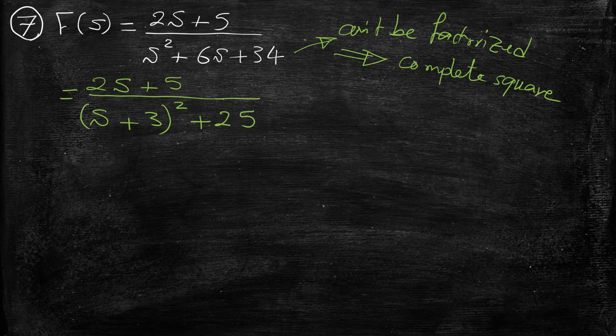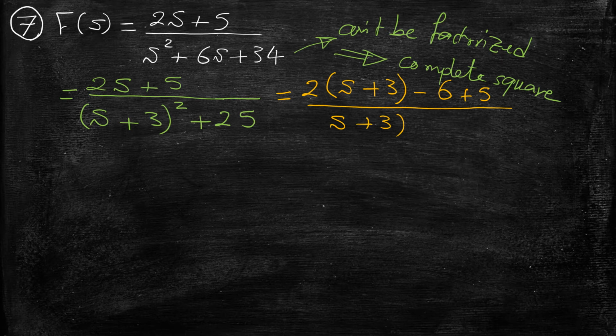So the same as we did before, we need to get this s + 5 to have the same shift as the denominator, so I will make this as well to s + 3, which means we add 6, so I will subtract the same 6, plus 5, and then the same denominator (s + 3)² + 25.